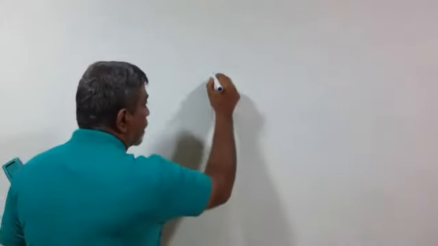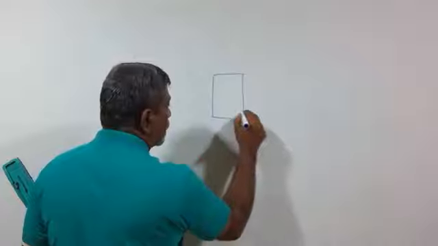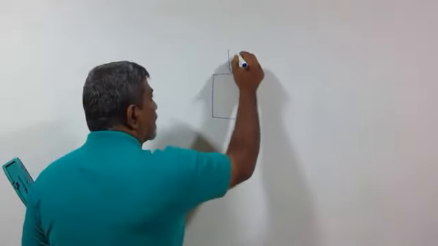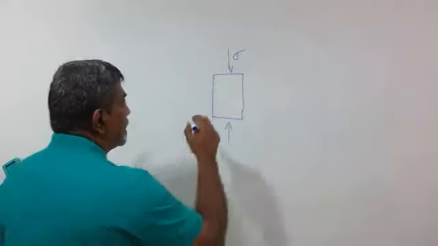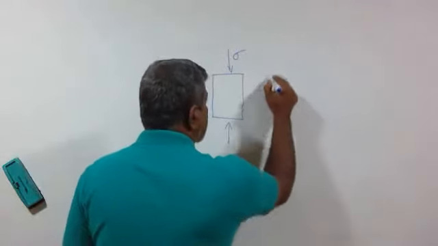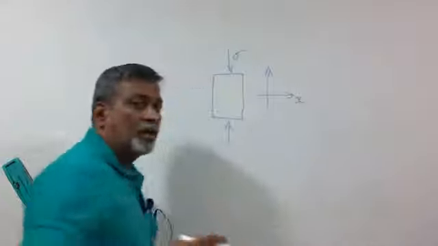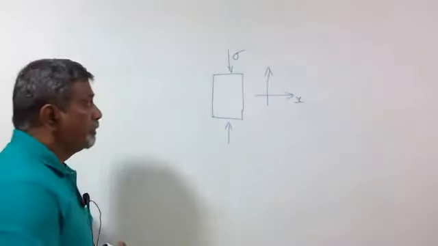Let us examine a simpler case in order to answer that question. A simpler case could be, let us say there is a solid subjected to a stress. I'm just showing it as compressive stress. It could be any other stress. And let's say this is the XY axis. I'm just showing it in a two-dimensional regime.